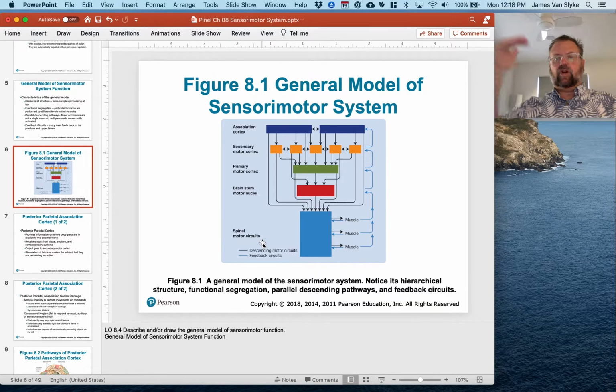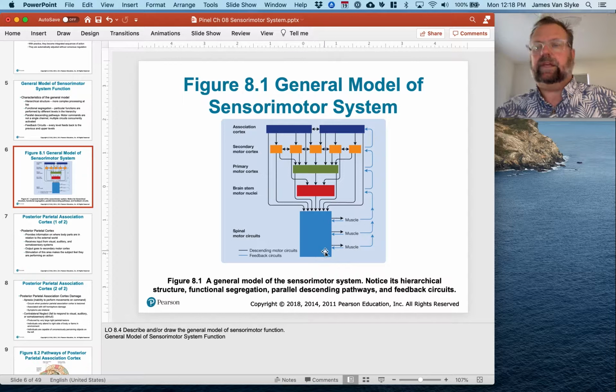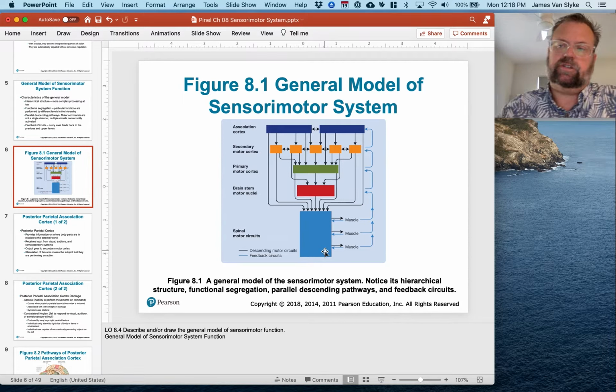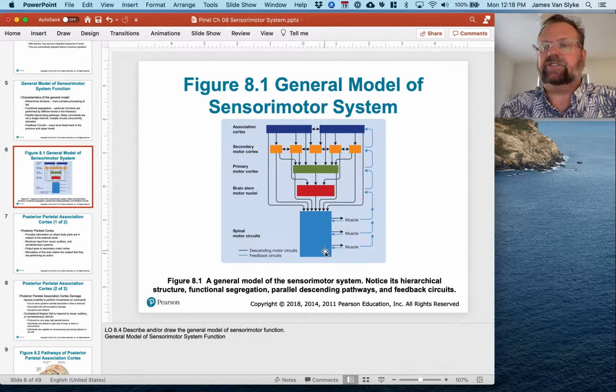So these are the different levels, and each is doing some other kind of function, or you can even say a sub-function or a sub-task that contributes to our ability to actually perform a certain kind of motor action.